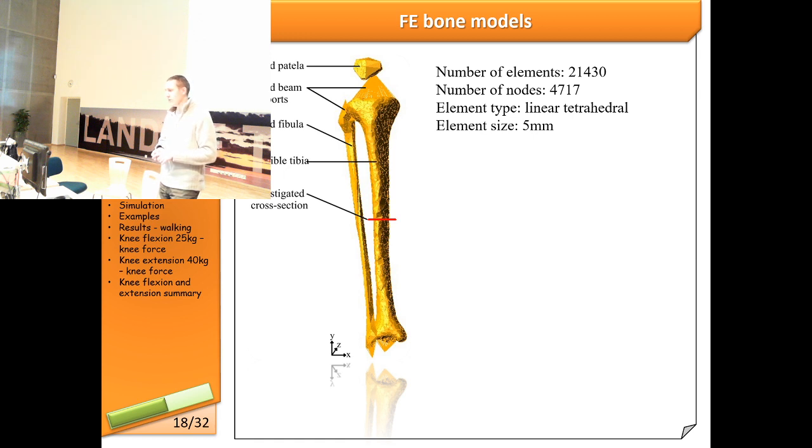What stands out from the picture is that you have some rigid beams at the end of the bones, and those are the places where you connect them to a virtual rotation point for doing the model analysis. So that's preparation of the model for using it in flexible multibody simulation.